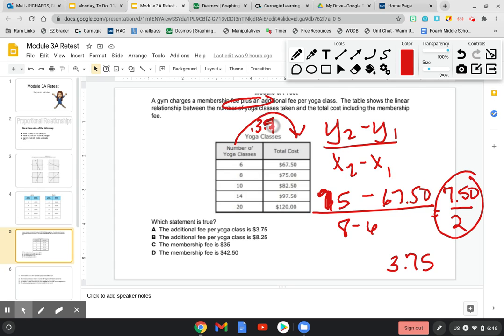Guys, every yoga class costs $3.75. One yoga class times $3.75 would be $3.75. 6 yoga classes times $3.75, whatever you get there. Now you're not going to get the $67.50 because you still have to add the membership fee. But it does say the additional fee is $3.75, and that's what I was looking for.